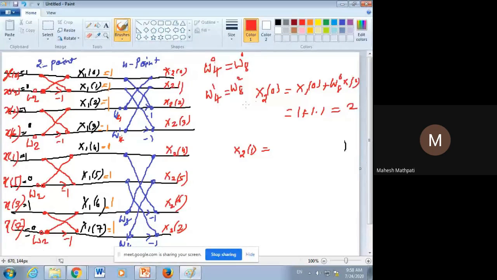Omega 4 to the power 1 can be written as omega 8 to the power 2. Are you getting this point? Like 8 by 2 अगर करेंगे तो 4 ही आ जाएगा, 1 और 4 सेम आ जाएगा वो, right? So this way you need to remember, like omega 40 equals to omega 80 and omega 41 equals to omega 82. तो ये वैल्यू यहाँ पे लेके आपको सॉल्व करना है अभी.